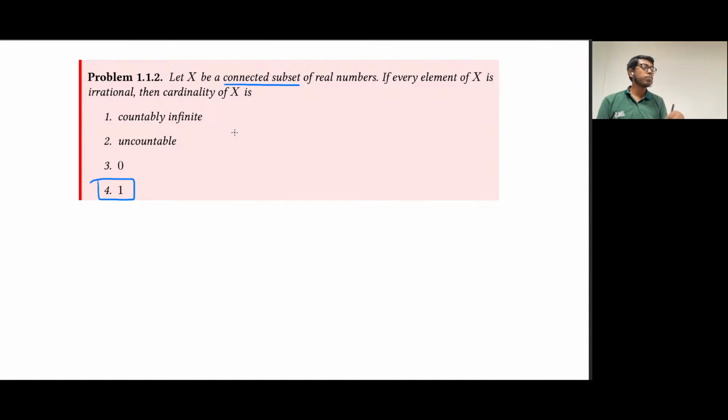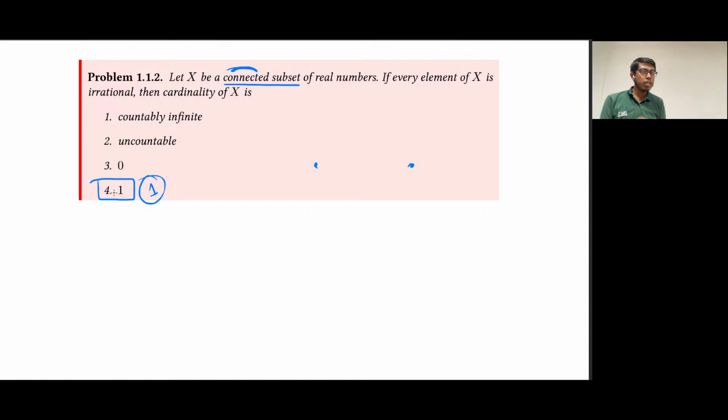So if it contains more than one irrational, then that's a disconnected set, but X is a connected subset, so it cannot contain more than one irrational. Okay, so that's why it has only one.